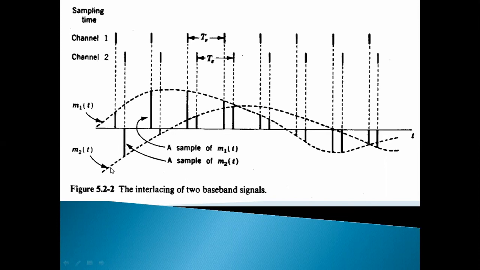M1 and M2 are two analog signals sampled by using the sampling time. The M1 signal appears first, the M2 signal appears second. This is the first signal sample, and this is the second signal sample. Like the third sample, this is the third sample of the second channel.